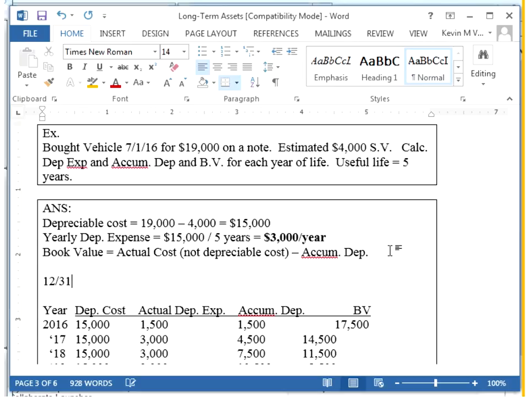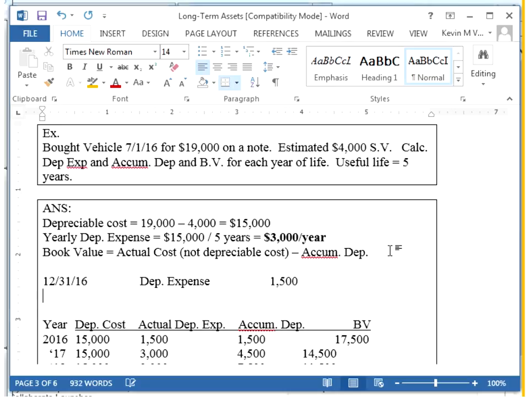So let's put that journal entry in here now. For the end of the year, 12/31/16, I would have had a depreciation expense of $1,500, and I would have credited my accumulated depreciation for $1,500.